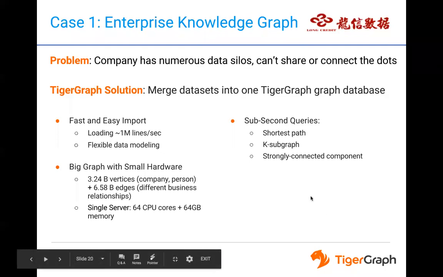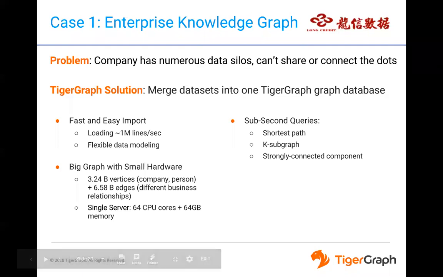So case one is building an enterprise knowledge graph. I think this is one a lot of people can identify with. You have numerous data silos, different divisions of the company or different departments have their own data sets, their own databases.